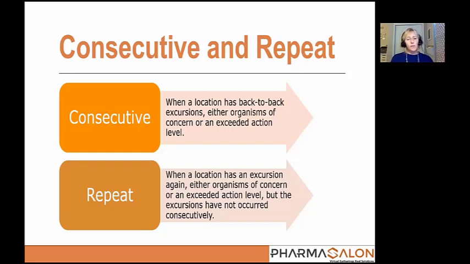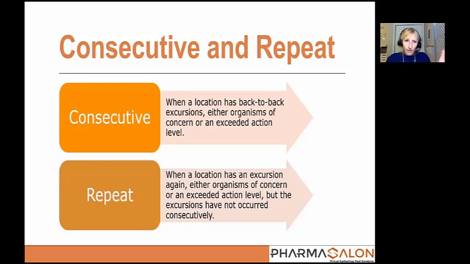So maybe you sampled in June and you had an exceeded action level. You resampled, things got back on track. July, August, September all looked good. And now that same location is exceeded again in like October. So we're repeating at the same location, which is something that you want to make sure that you're trending.